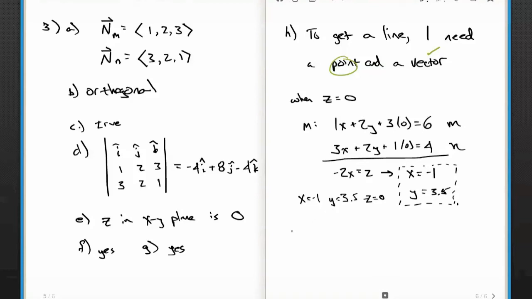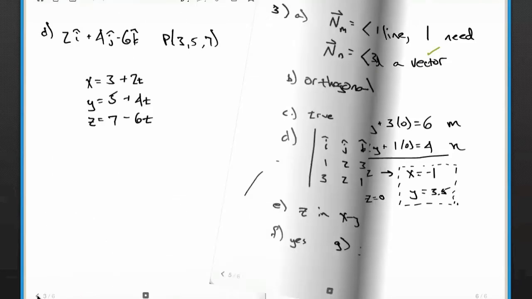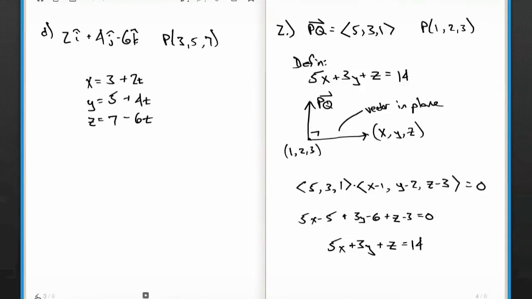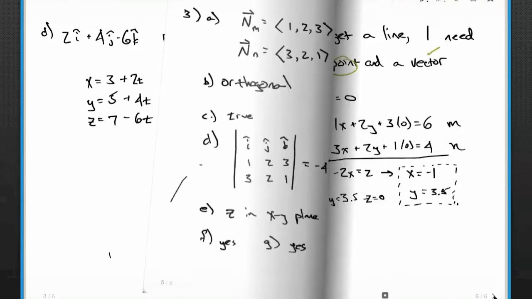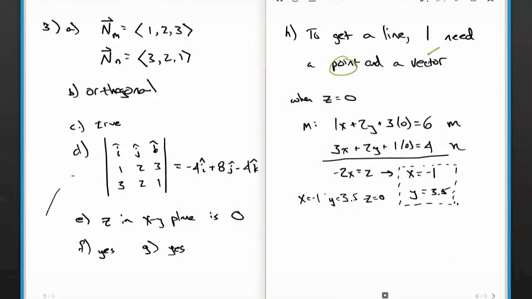And way back when we looked at this problem back here, we had a point and then this vector. So same deal. Now we've got a point and a vector, and here's our point. Our orthogonal vector is here.